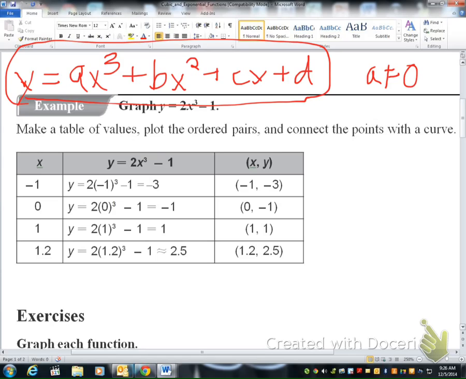Now, to be a cubic, obviously, it has to have an x cubed term. If it doesn't have an x cubed term, then it's not cubic. That's kind of in the name.